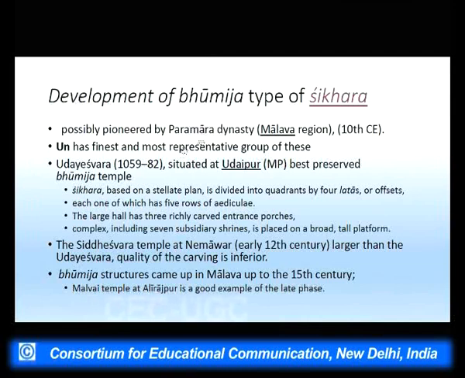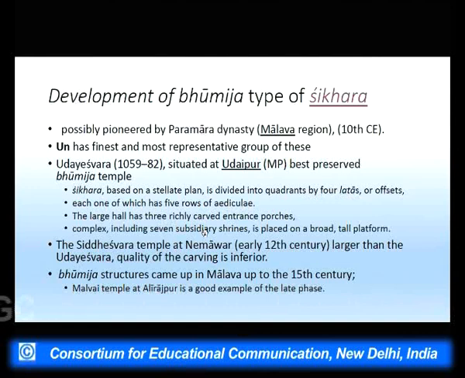Then you have the Paramara dynasty, which develops a new style in the Malava region, known as Bhumija style. In this, the Shikhara is based on a stellate plan and is divided into quadrants, that is 4 quarters by 4 latas, which are the offsets.